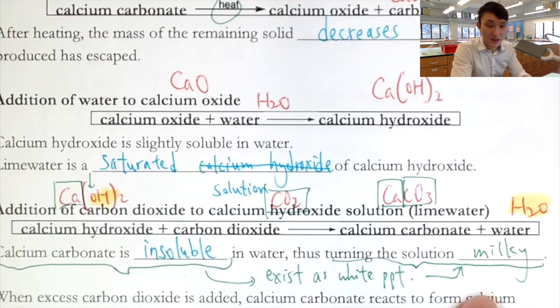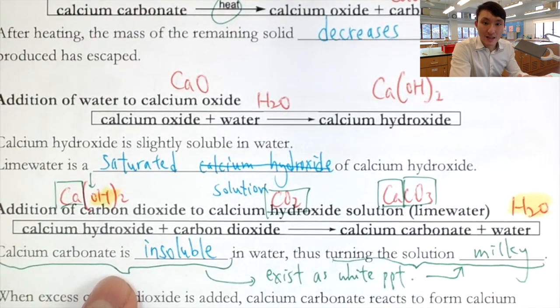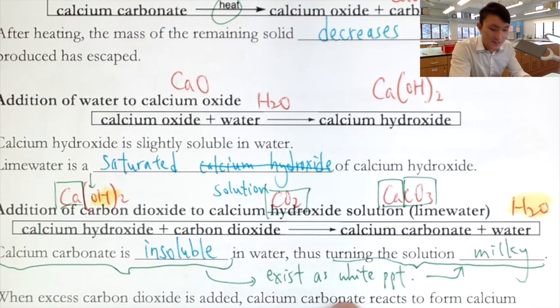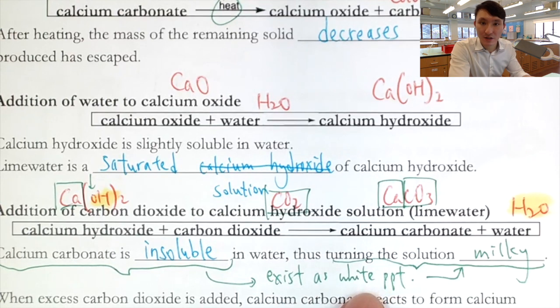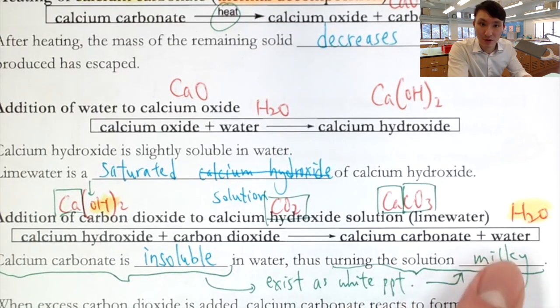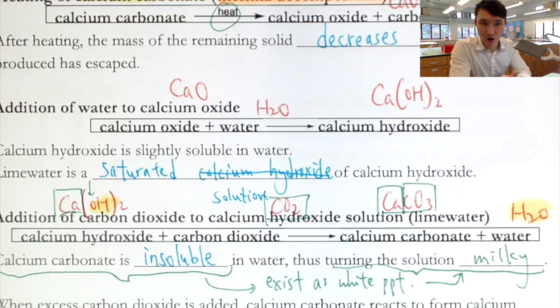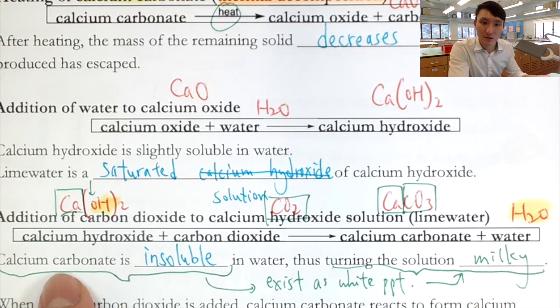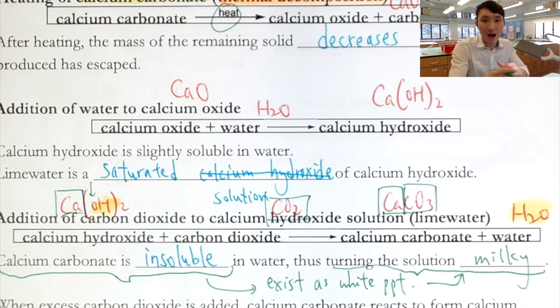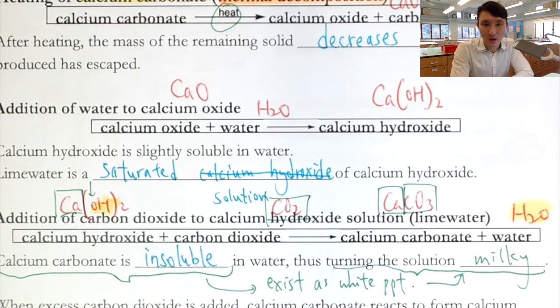You get it? Because we form insoluble calcium carbonate, it exists as a white precipitate, and this white precipitate is the reason why the solution turns milky. So the milkiness of the solution is due to the formation of insoluble calcium carbonate. So now you know what the white thing is when you bubble carbon dioxide into lime water. The white thing is calcium carbonate. Okay? So that's the idea.